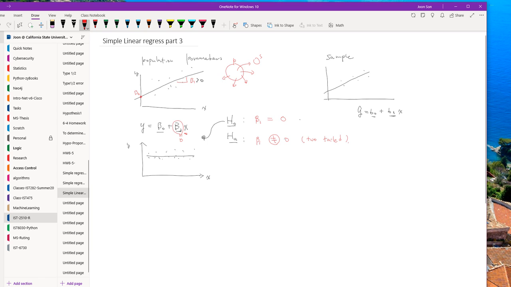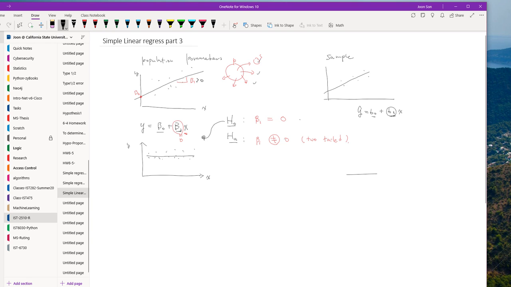If we do this an infinite number of times, we know that we can get the data for B1 from each of these samples. The value of B1 will follow the normal distribution. So basically, this is the sampling distribution of the sample B1.